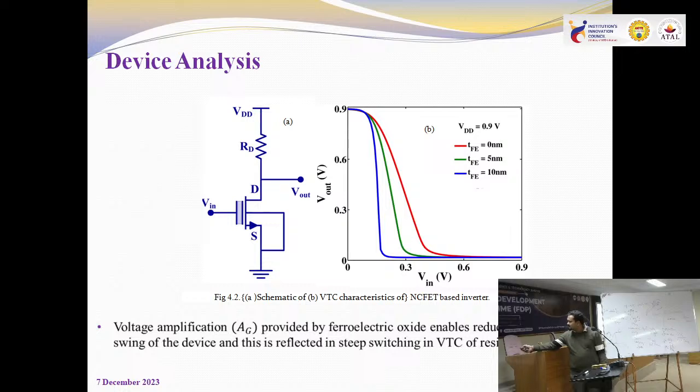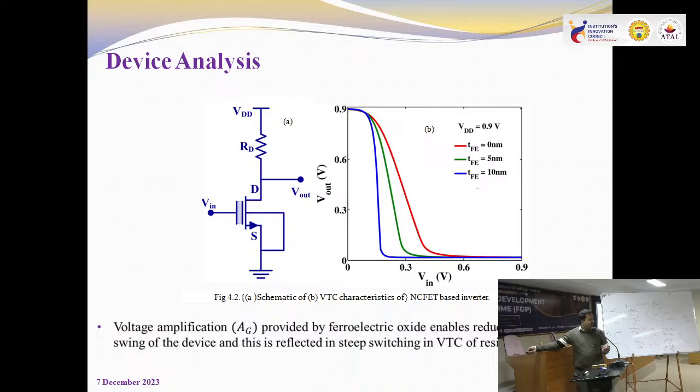If you see TFE equals to 0, this is the curve. For TFE equals to 5, it has gone more steep. It is coming down at very less voltage, and this is the advantage of having low subthreshold swing. For TFE equals to 10, it is coming down quickly.